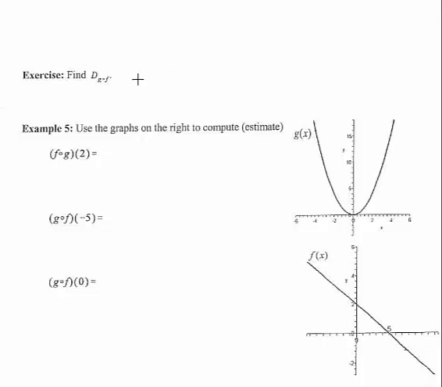Okay, so we have established that the domain of f equals negative infinity, positive infinity, and we've also established that the domain of g is from negative 1/2 to infinity.